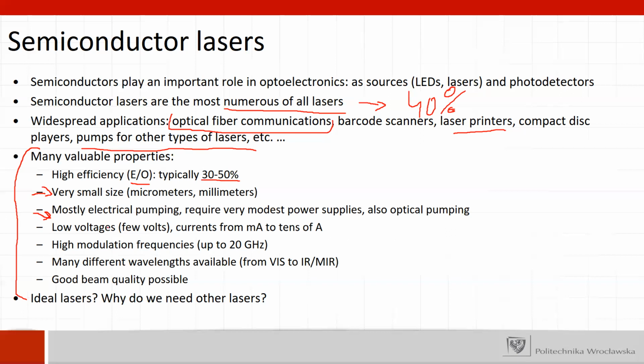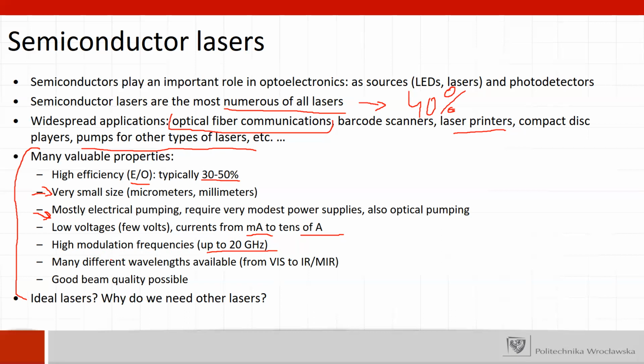They require low voltages, few volts, like 2 volts per one semiconductor laser, and currents at the level of milliamps up to tens of amps if this is a high power laser. We can modulate them even up to 10, 20 gigahertz. So they can be used for data transmission, for example, with these modulations.